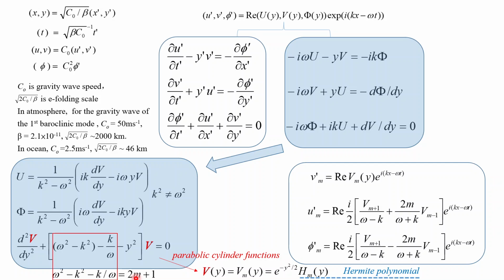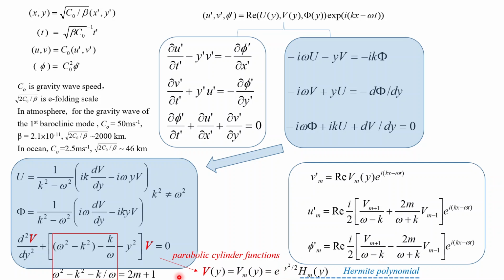It has to be an eigenvalue, 2m plus 1. And the solution of V has this form: it can be a function of Hermite polynomial in y for different m, times the exponentially decaying form e to the minus y squared divided by 2.